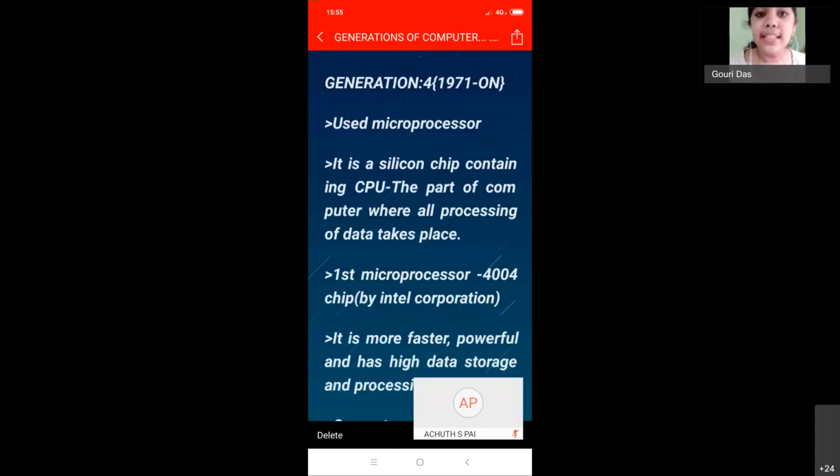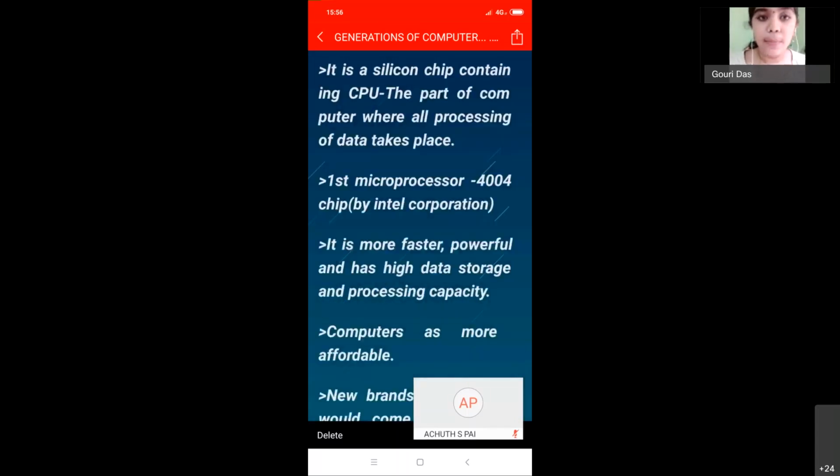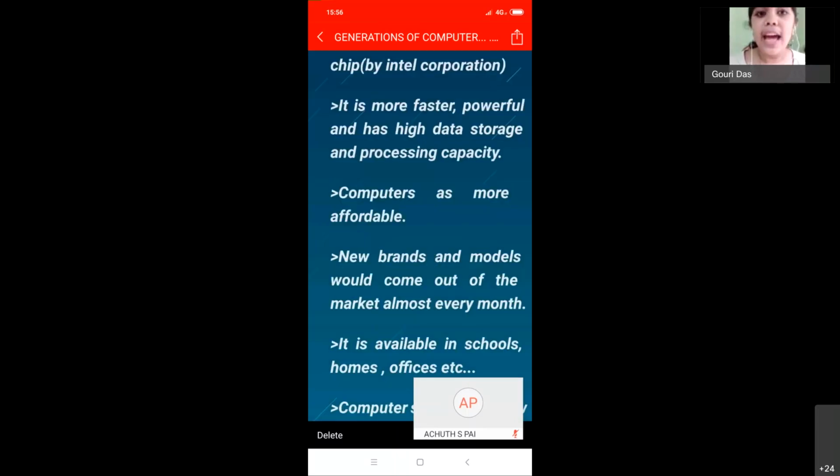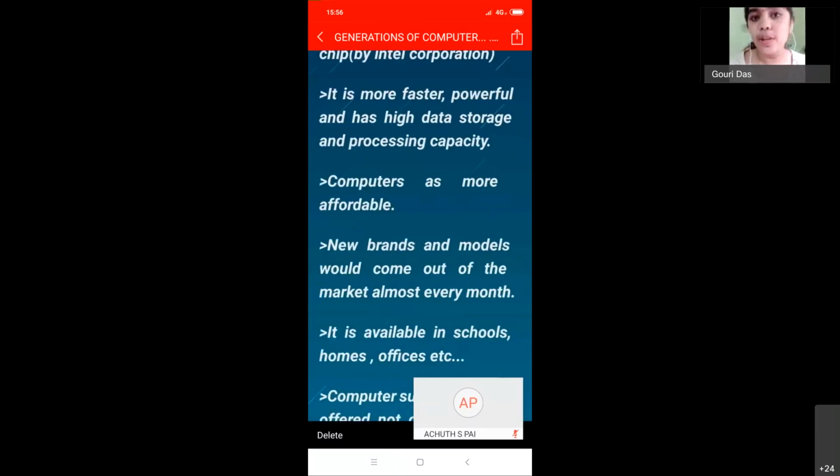Advanced in this case because we are still using it today. So the advantages are it is faster, powerful, with high data storage and processing capacity. Computers are more affordable and accessible.